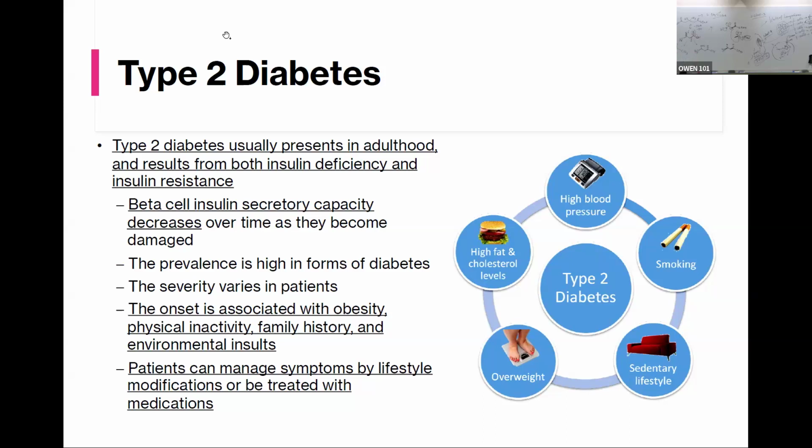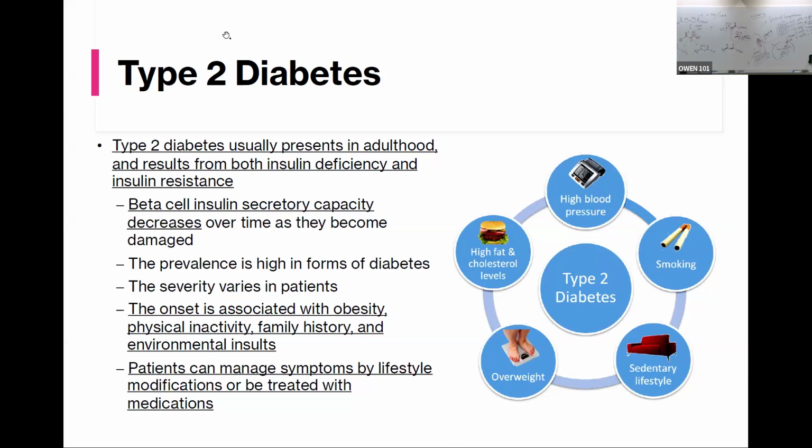Mostly this happens gradually, so beta cell insulin secretion goes down slowly, right? And the severity, of course, differs from patient to patient. It's not like type 1. With type 1, once you get it, you cannot produce insulin anymore. Then you're done. You need to be given insulin.